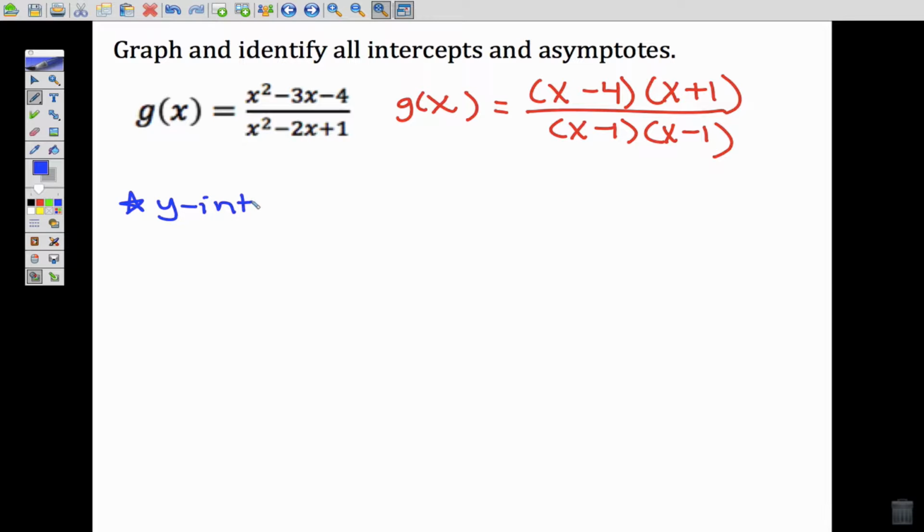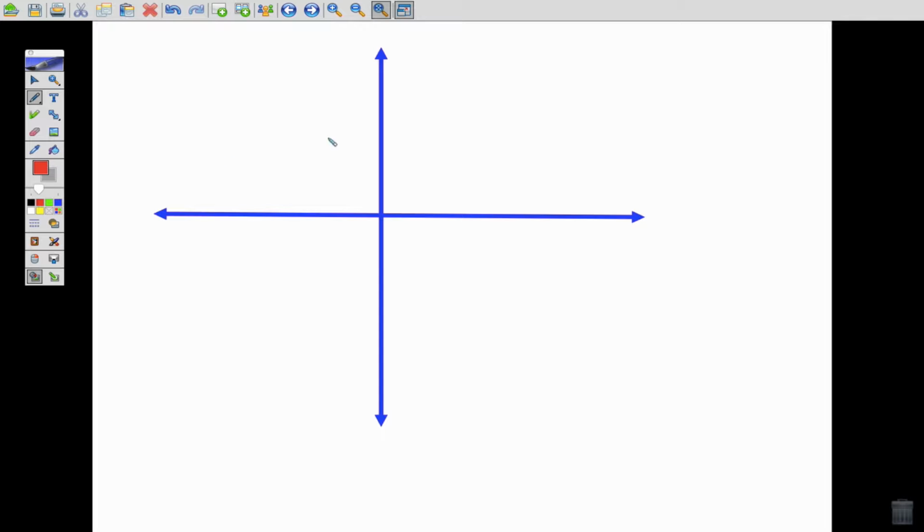Now this is one of those things, if you think about what you're finding, it makes it a lot easier. So think about any graph, the y-intercept. You could have a line. You could have a parabola. Let's think about this parabola.